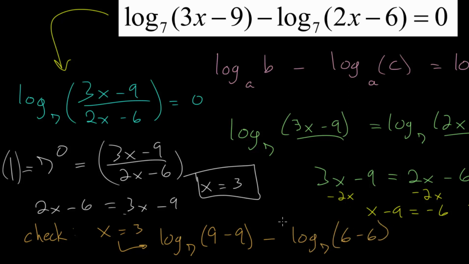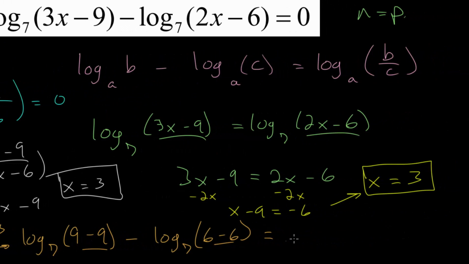We subtract 6 from that, so both inputs simplify to 0. And if I continue over here, we have log base 7 of 0 minus log base 7 of 0. And something subtracted from itself is equal to 0, which is what we expected. So now we can feel very confident that x is in fact equal to 3.